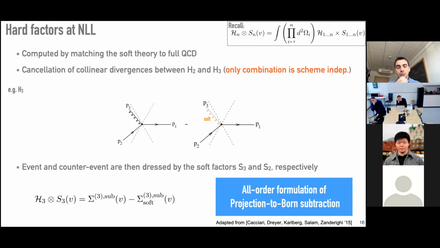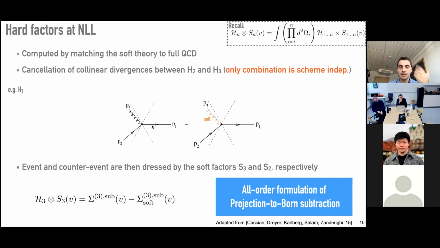But the crucial thing is that when, let's take this first term, and you introduce a counter term, let's assume the dipole method. In that counter term, the gluon has virtual kinematics, right? So it means that the event lives in a projected Born configuration that is the 2 jets.